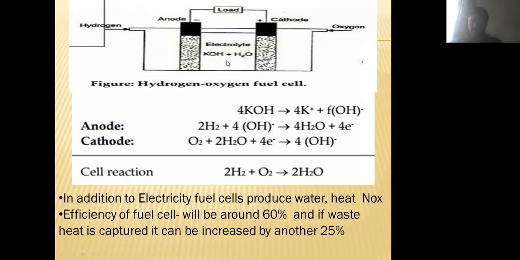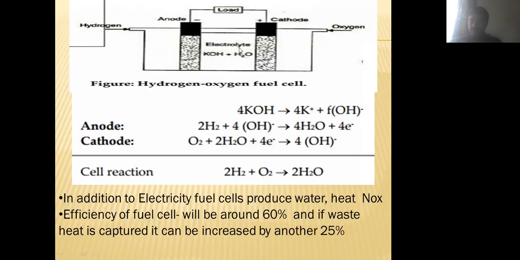In the figure, we have the total case and two electrodes, the anode and the cathode. Cathode is represented by plus and anode by minus here, and these two are connected to complete the circuit.